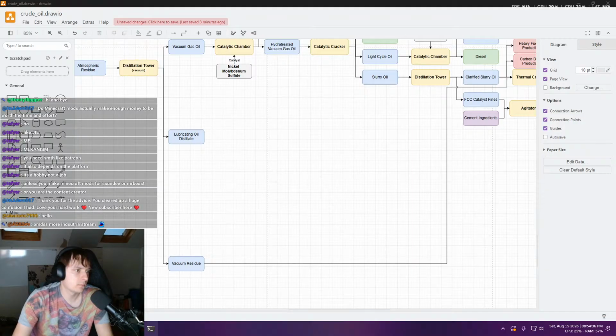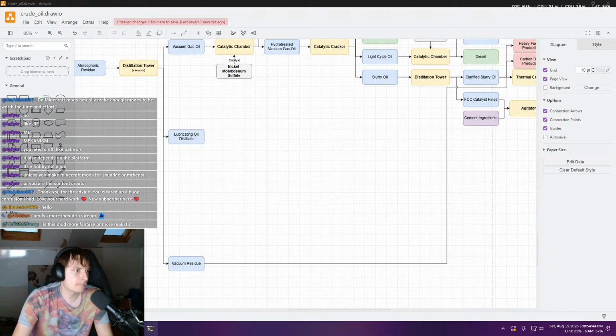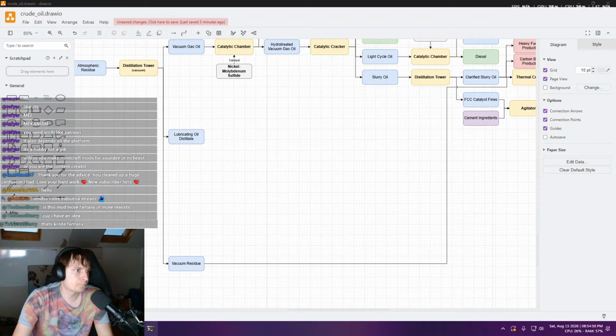Okay. What is... I want to see what it's actually used for here. Oh, basically lubricating oil. Oh, and grease, I see.